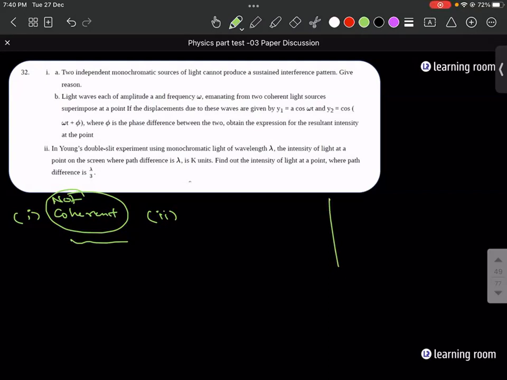Actually, what will happen is you will have a single source. In reality, a single source is there. That single source is actually split into two sources, so that the rays coming from S1 and S2 are going to be coherent.